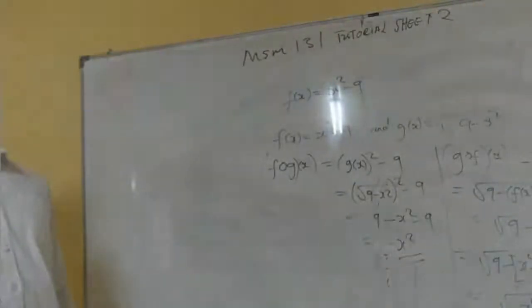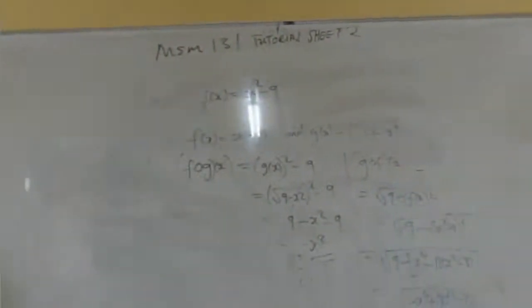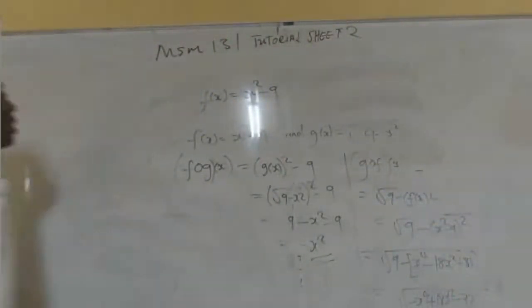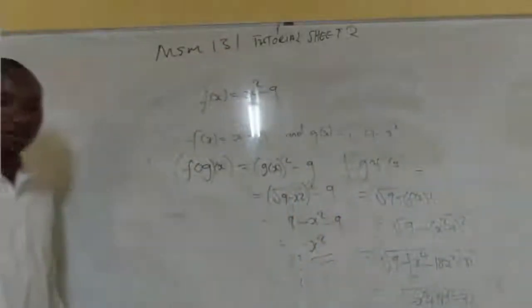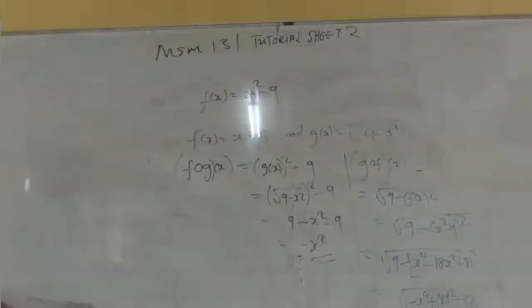Okay, so that's the final answer which we have. So I simply replaced f of x where there's g of x in that function. Then the rest was manipulation.